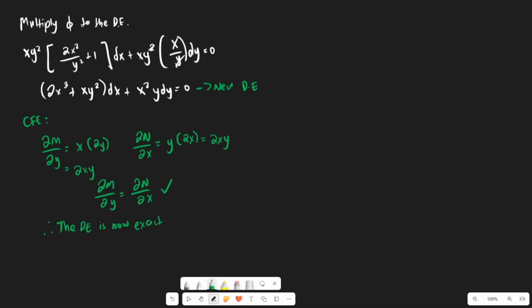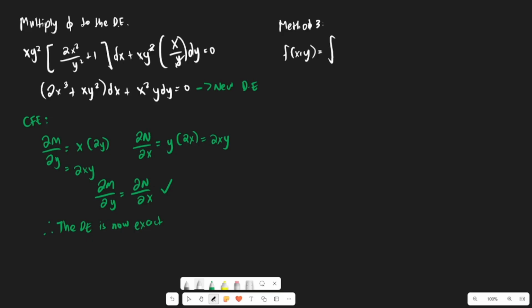Okay, now that the dE is exact, we can now use different methods of solution for finding the general solution. So to find the general solution, since both of them, m and n, are fairly easy to integrate and differentiate, then we can use method 3. What we do in method 3 is basically, f of xy is equal to, we simultaneously integrate m and n.